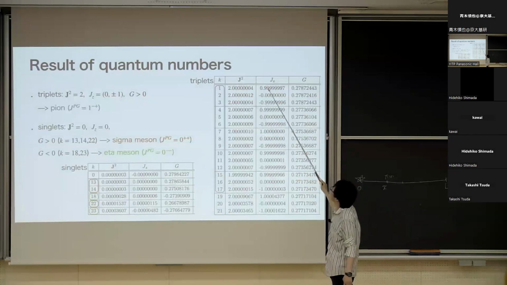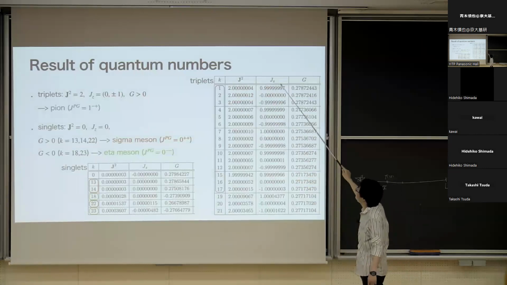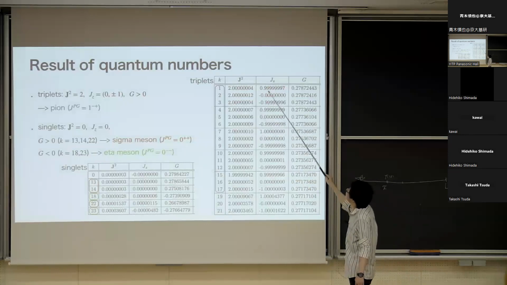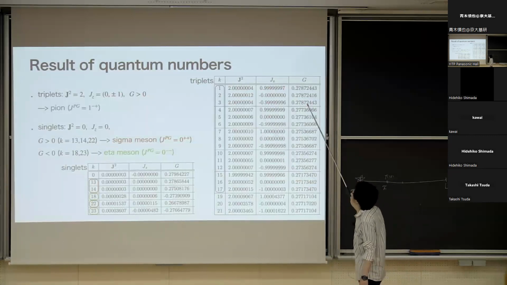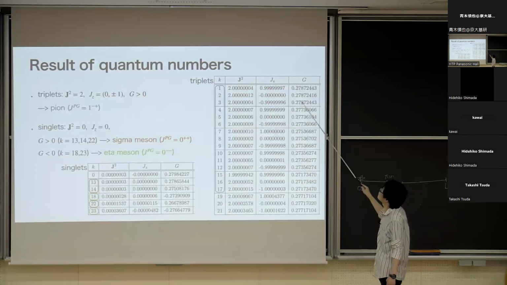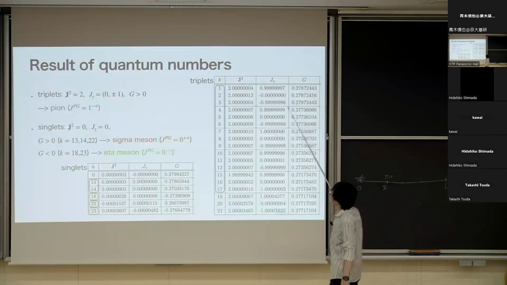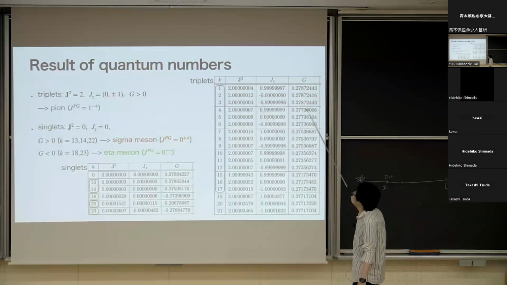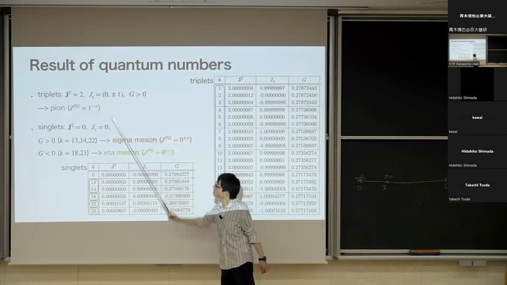And JZ, this is the result after diagonalization, so we can see clearly plus 1, 0, minus 1. And G parity is a positive number. The reason why it's not unity is the boundary effect. So in that sense, we can identify these states as the pion state.